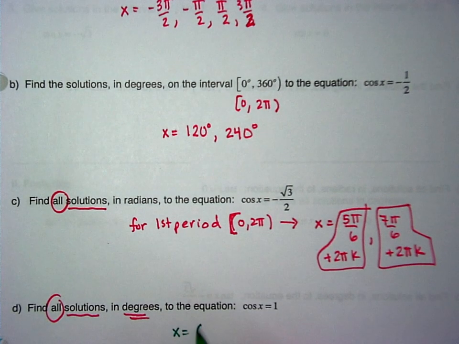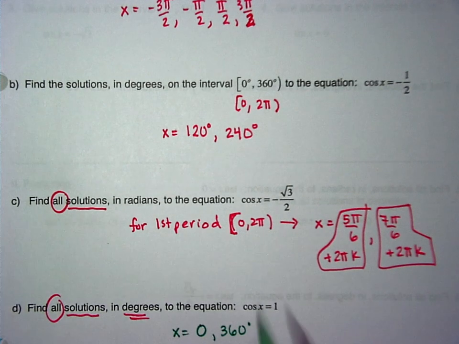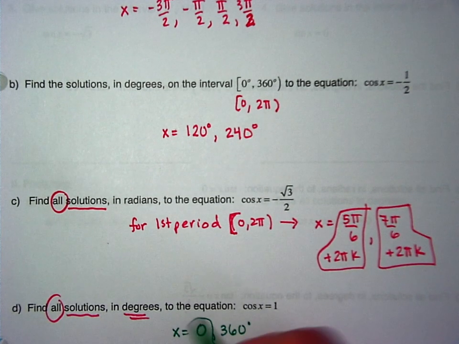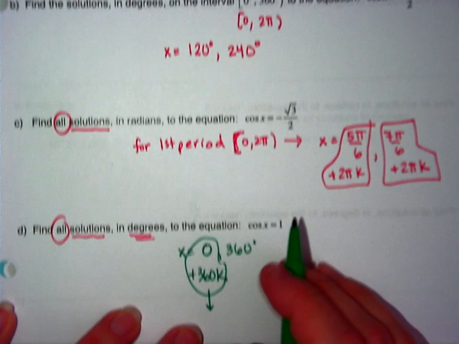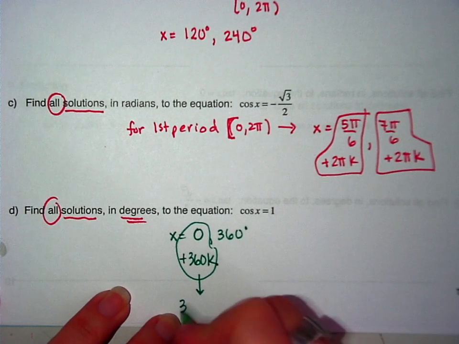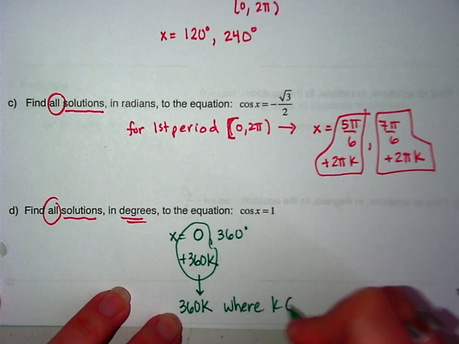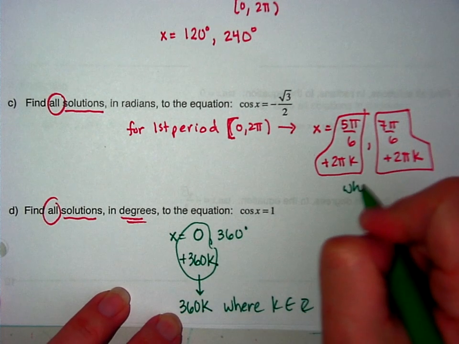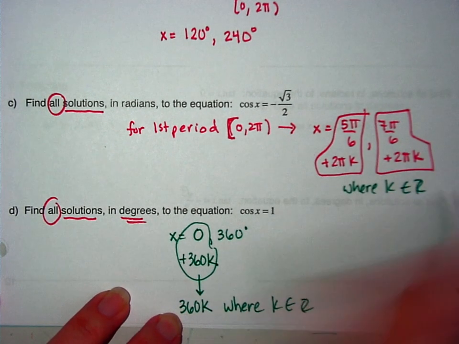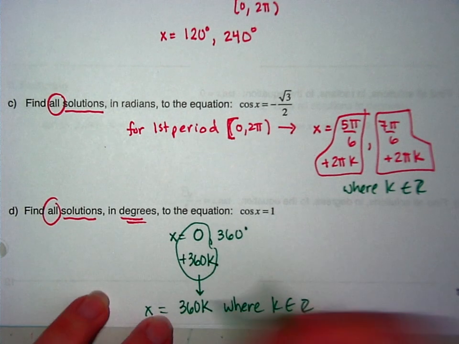So really all we need to talk about here is that x equals 0, because the next one would be 360. And then we have to again add on the 360k. Well, 0 plus 360k is just 360k. And again, we should be specifying where k is an integer. And I am done.